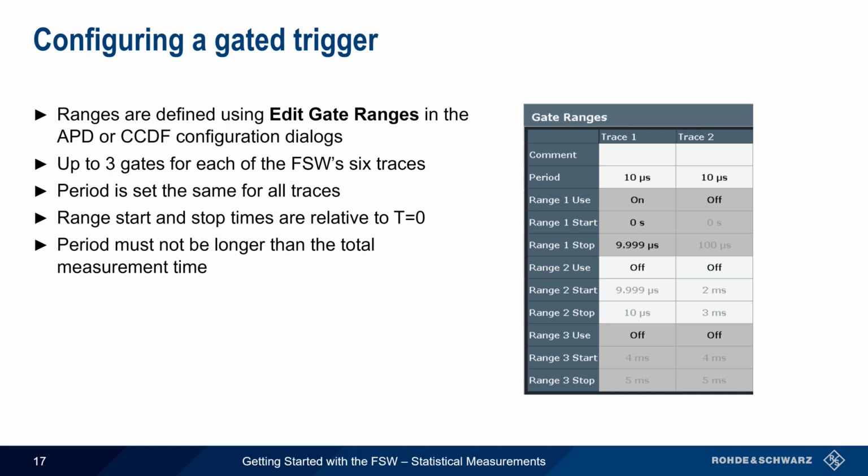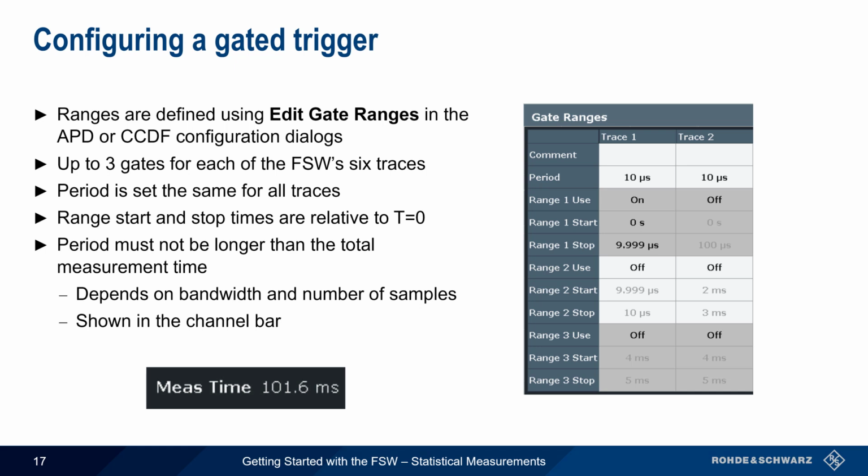It's also important to ensure that the period is not longer than the total measurement time, which in turn depends on the configured bandwidth and the sample count. This is easy to verify since the measurement time is displayed at the top of the main screen. Here, the total measurement time is 101.6 milliseconds.